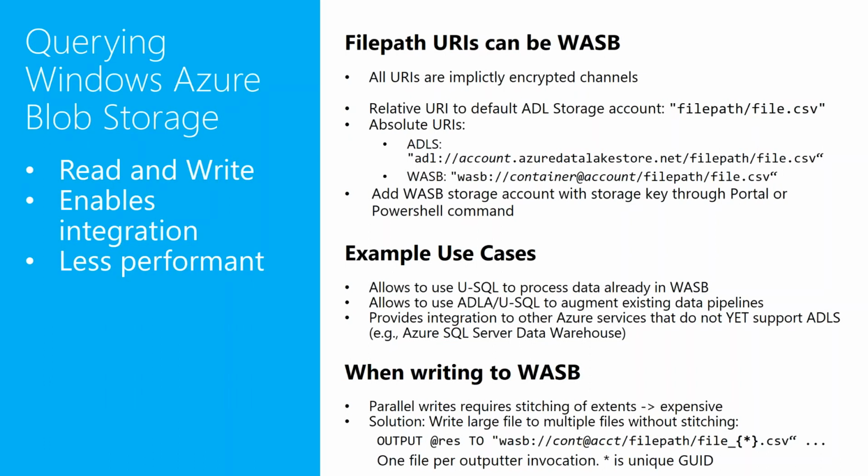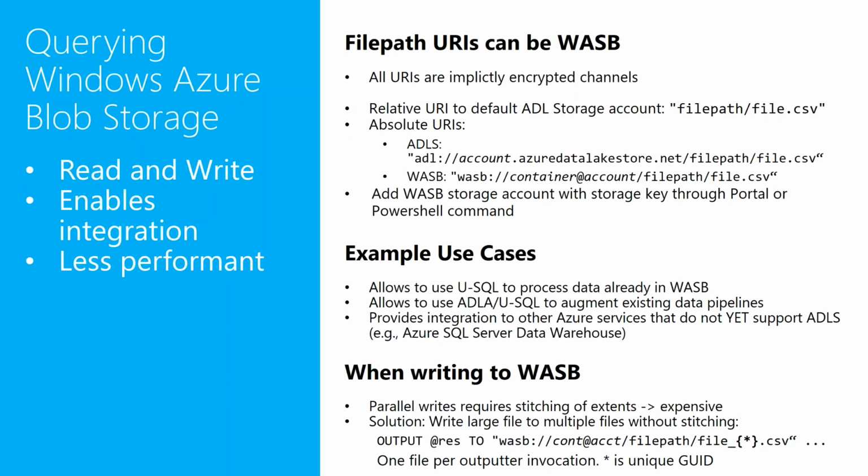Now, one caveat when writing to WASB is that it is potentially a little bit more of a performance bottleneck because WASB was not designed to be a high-scale big data store originally.